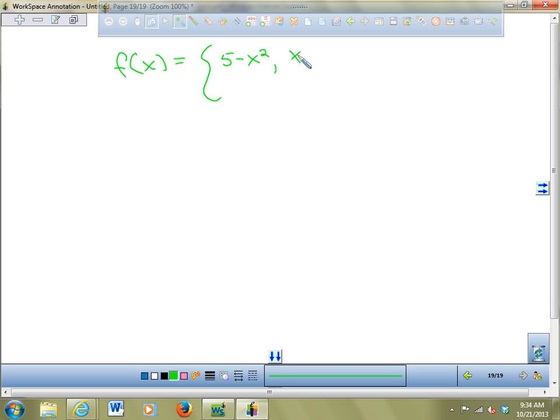Because they have confusing things going on. x is less than or equal to 1, and x plus 2 if x is greater than 1. Okay, and they say find the extrema.